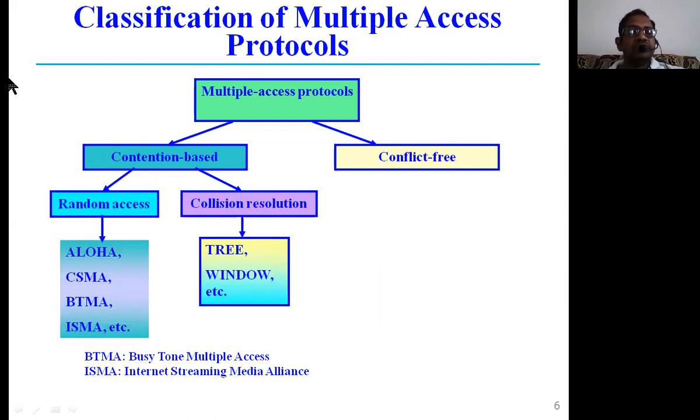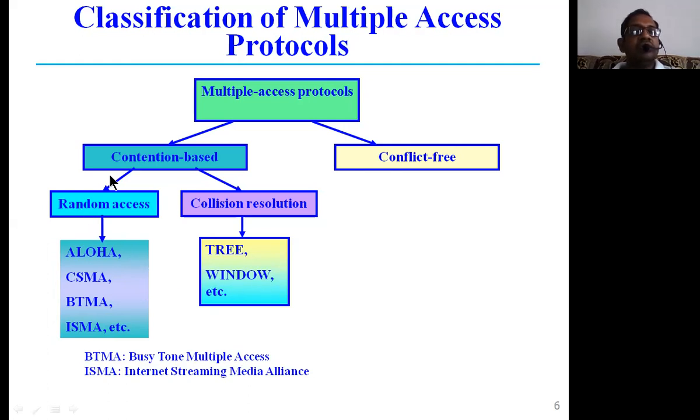What we have in the syllabus is only Aloha and CSMA. The collision resolution tree and window type protocols are not in the syllabus. Busy tone multiple access, BTMA, is not in the syllabus, and the Internet Streaming Media Alliance protocol is also not in the syllabus for us. Therefore we deal with Aloha and CSMA protocols in the classes to come.